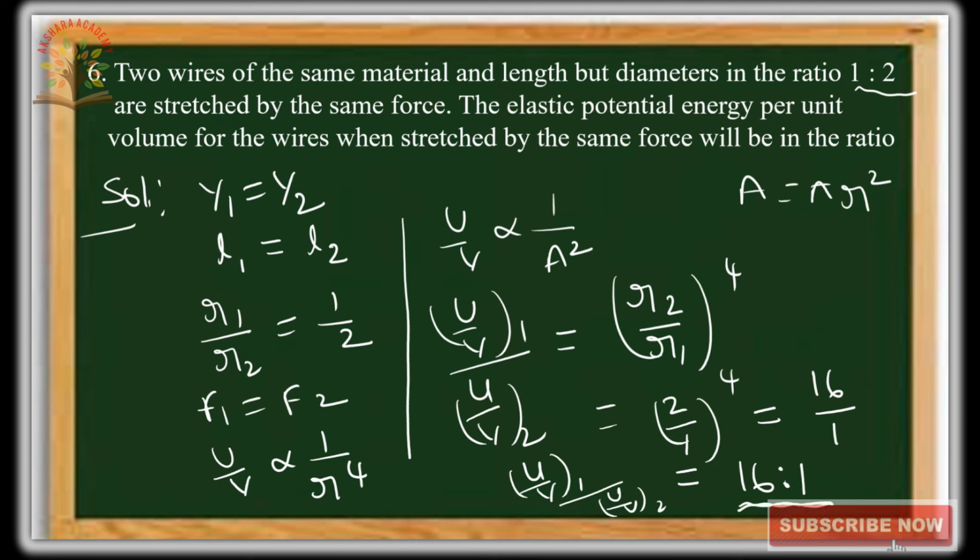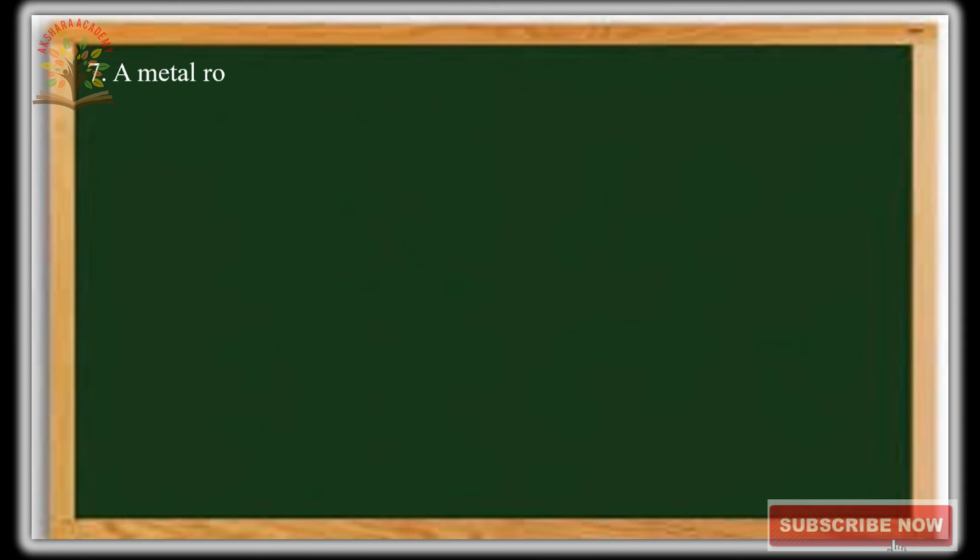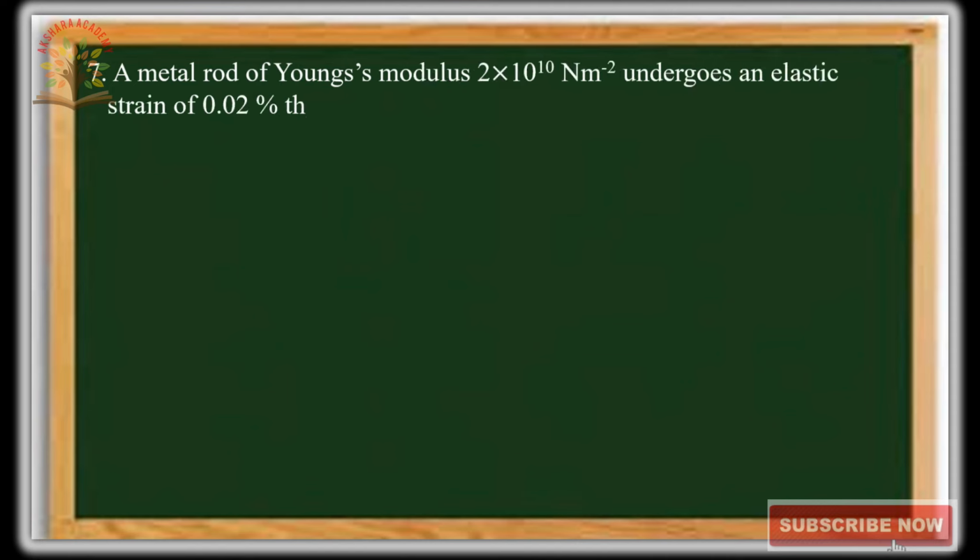Okay. Next, go to the next question, that is the seventh question. A metal rod of Young's modulus 2 into 10 to the power of 10 Newton per meter square undergoes an elastic strain of 0.02%. Then the energy per unit volume stored in the rod is.